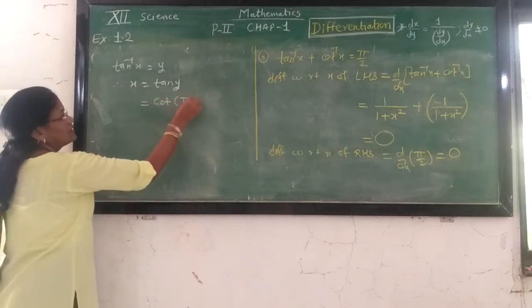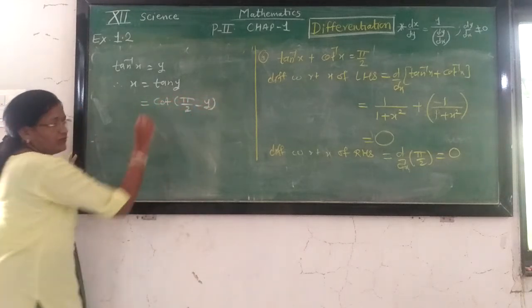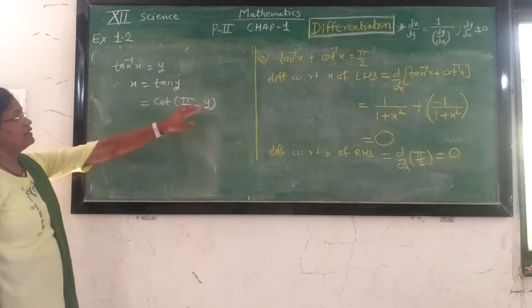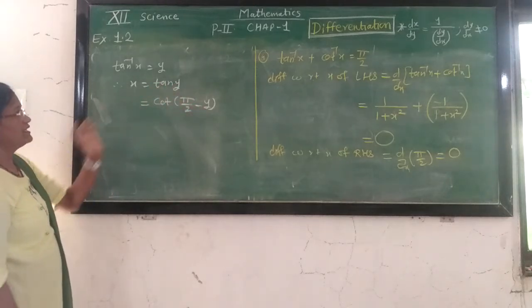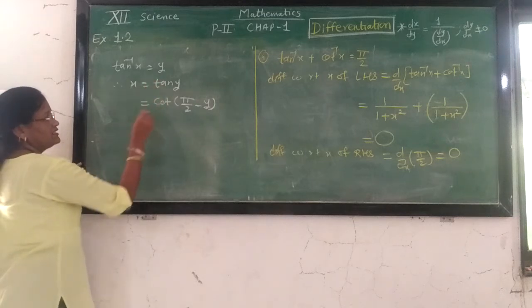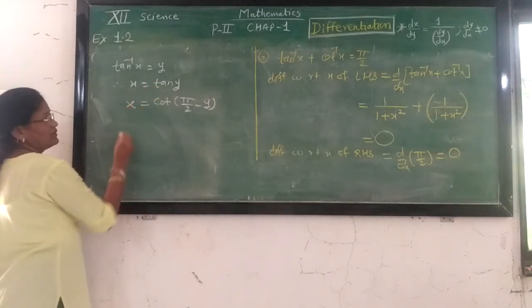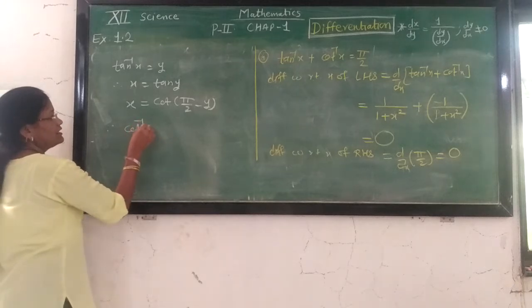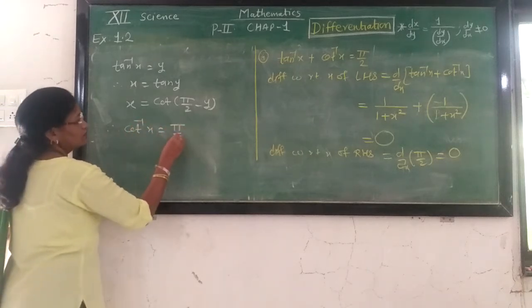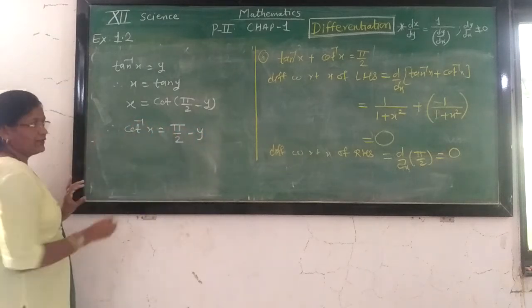It is cot of pi by 2 minus y, the complementary angle. The complementary angle of y is pi by 2 minus y, and therefore we take the complementary ratio; the complementary ratio of tangent is cotangent. This is equal to x. Now we take cot inverse x is equal to pi by 2 minus y.